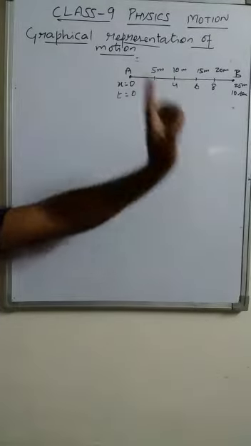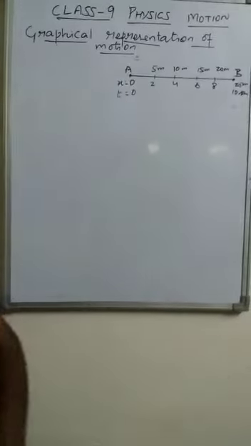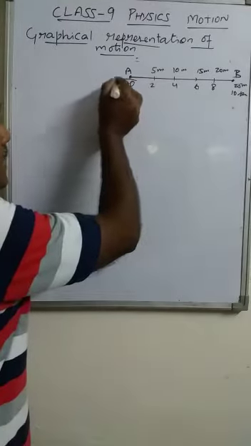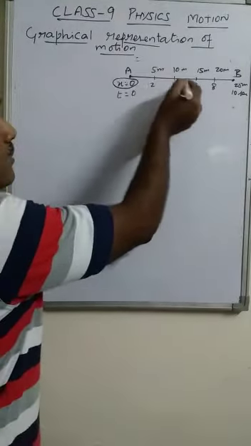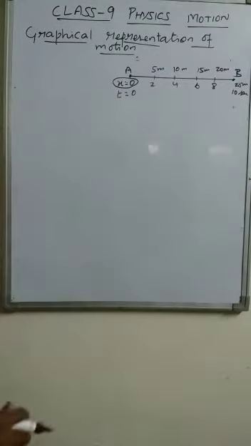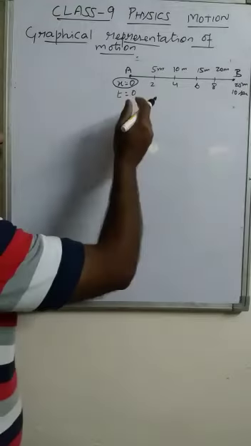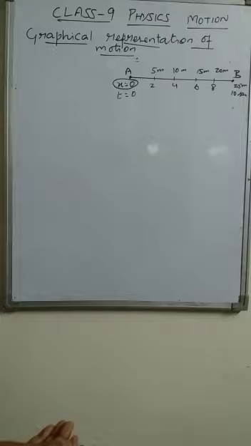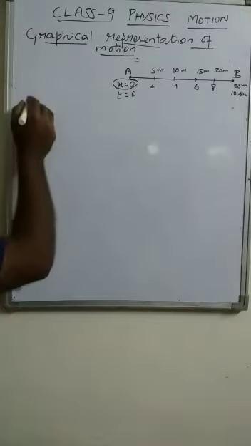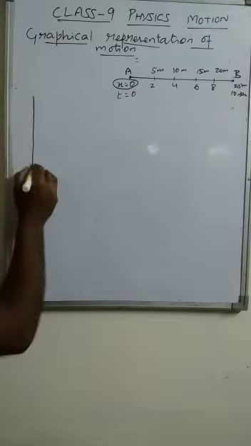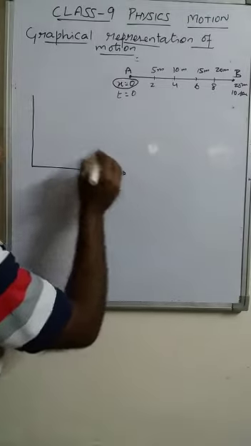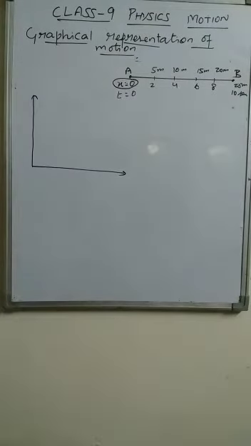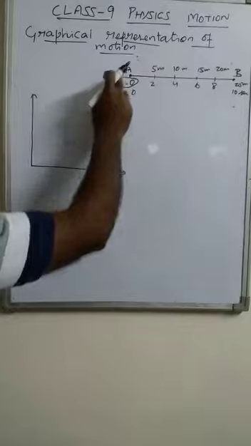For this data, if we plot the graph, for what graph? Here we are taking the position. From the various positions, what are we calculating? We are calculating the distance. So we can draw the distance time graph. For the graph, you know, we need two perpendicular axes, x-axis and y-axis, and we have two variables.